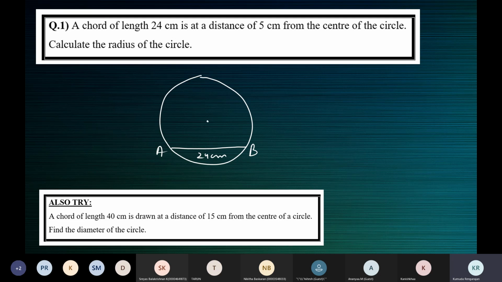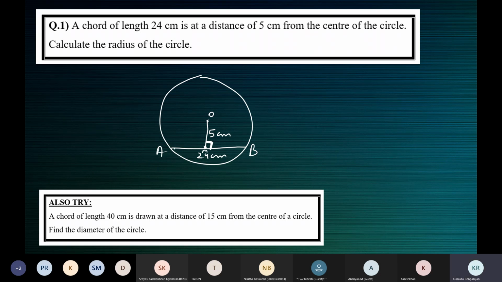Distance always means perpendicular distance. So the perpendicular is marked here, indicating it's 90 degrees. Since I've not marked this point, let me call it M. Angle OMA is equal to angle OMB, which is equal to 90 degrees.